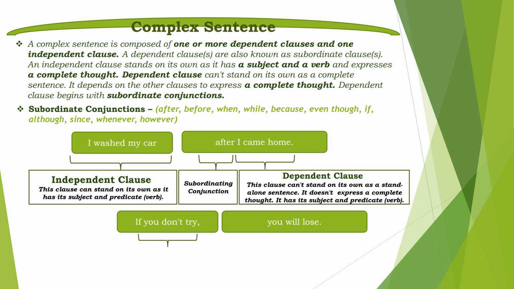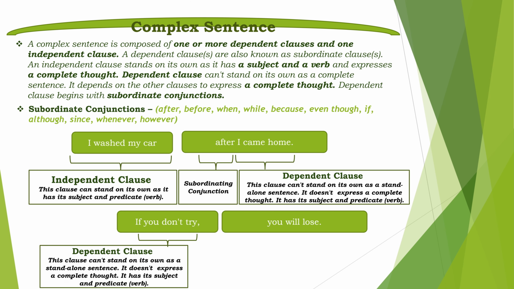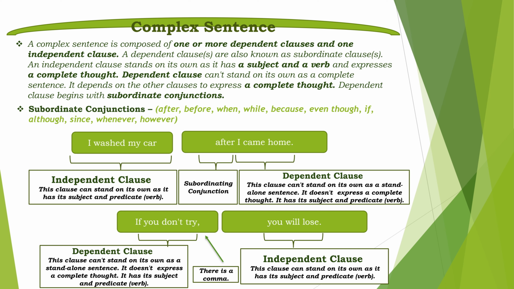If is a subordinating conjunction. If you don't try is a dependent clause. And there is a comma after that. And then the second part of the sentence is an independent clause. So when we write a dependent clause as the first part of the sentence, we use a comma. And when we write an independent clause as the first part of a sentence, we do not use a comma. So that's the difference in these two ways.